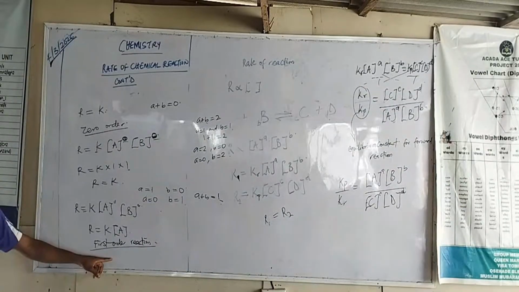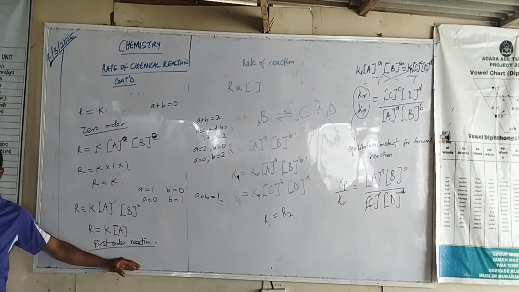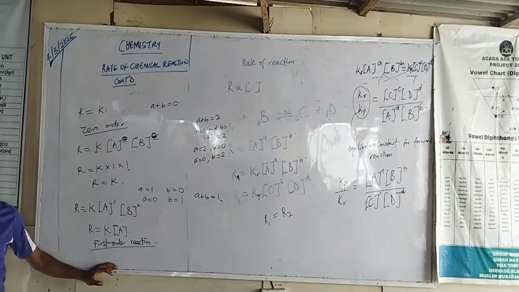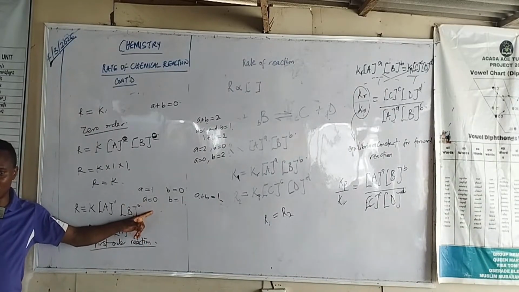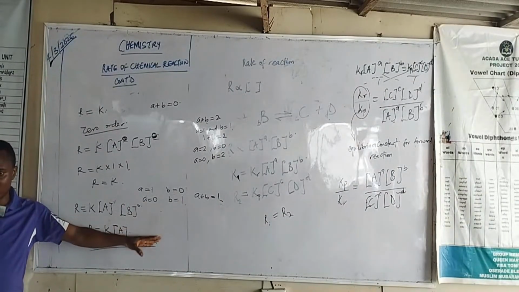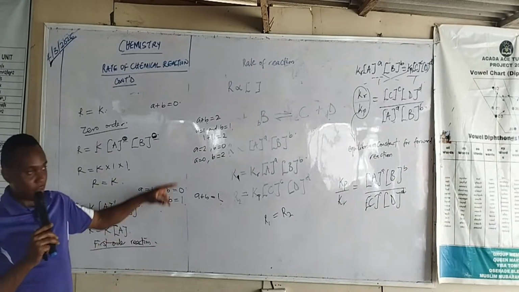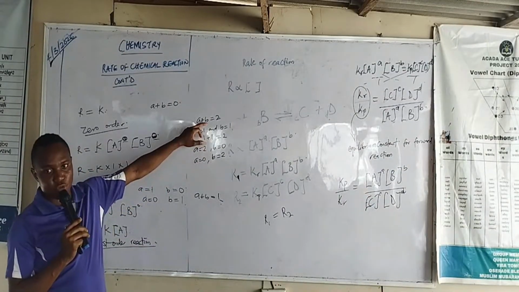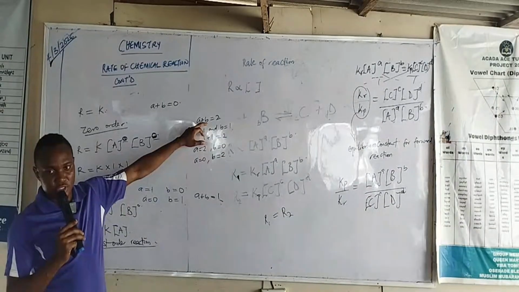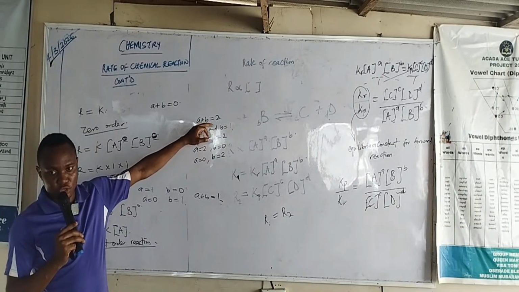Okay. First order reaction: the sum of the molar stoichiometric ratios is 1. Second order will be equal to 2.